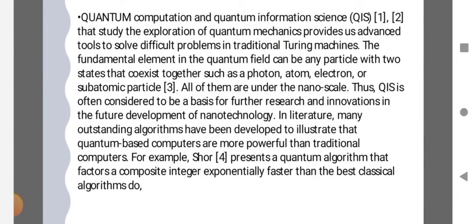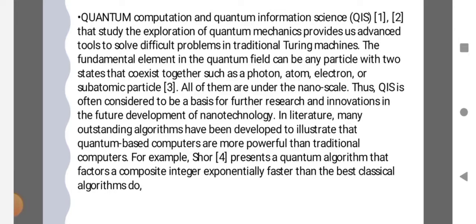First, quantum computing and quantum information science, QIS. They study the exploration of quantum mechanics, which provides us advanced tools to solve difficult problems in traditional Turing machines. The fundamental element in the quantum field can be any particle with two states that coexist together, such as a photon, atom, electron, or subatomic particle.